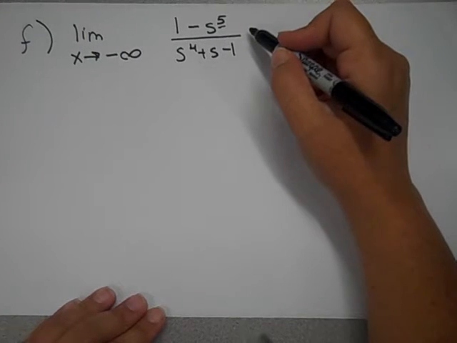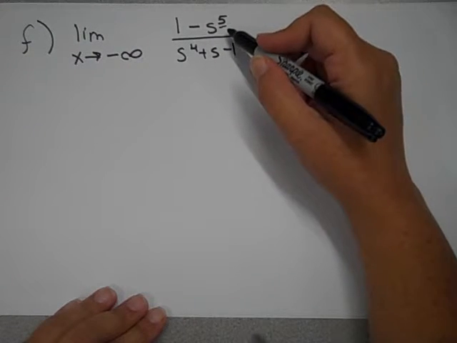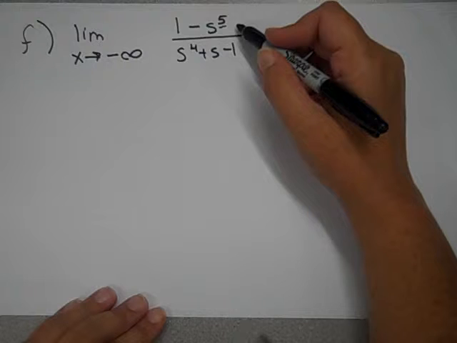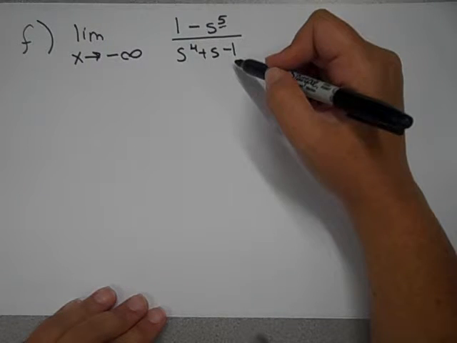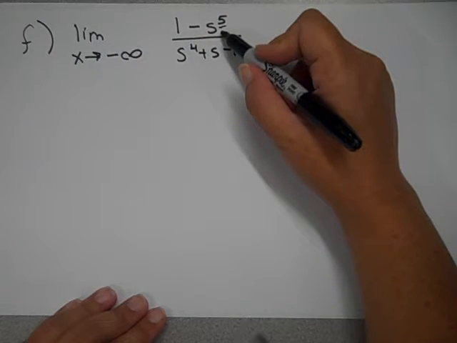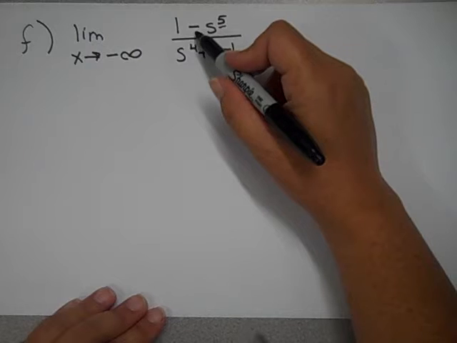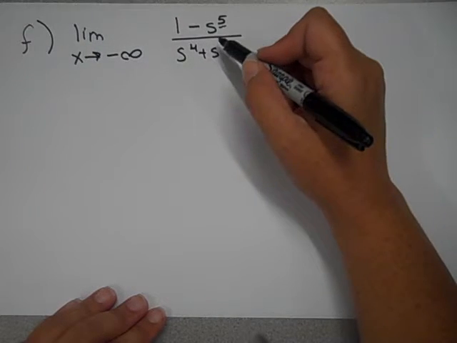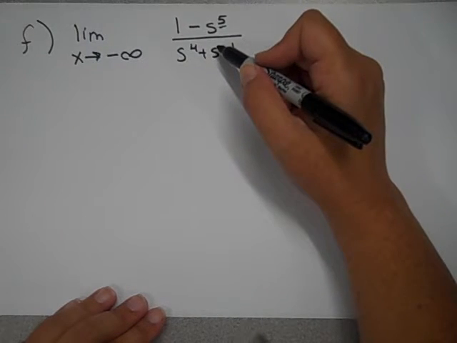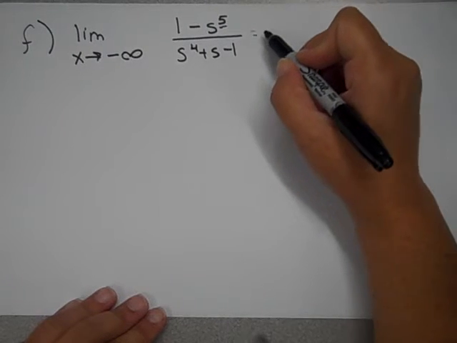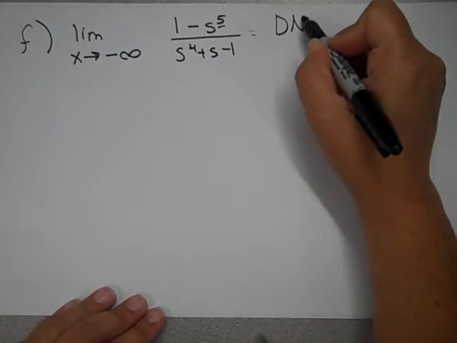So this is going to be the dominant term. And we're going to negative infinity. So this number is going to be negative. But we're subtracting it. So we're subtracting a big negative. That is going to get us a positive.